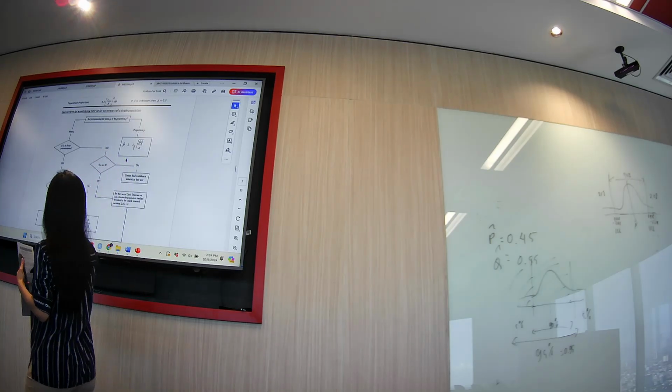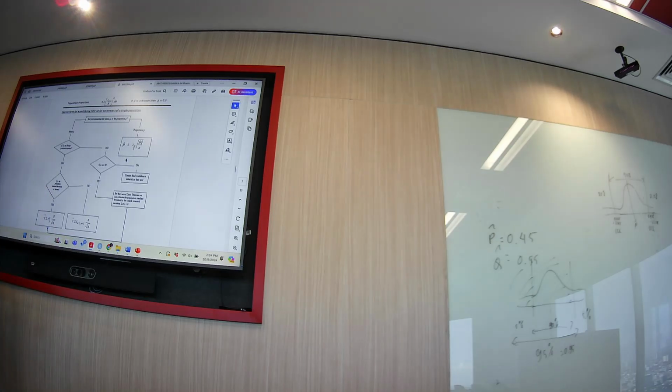Okay, so let's assume your question is normally distributed. Let's assume this one is given; maybe they forgot to mention something there. So we skip this one and decide this one: is the population standard deviation known or unknown? Unknown, so use this one.